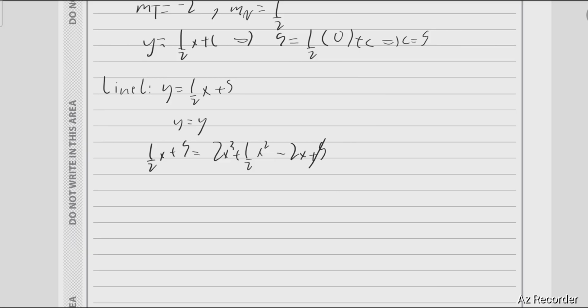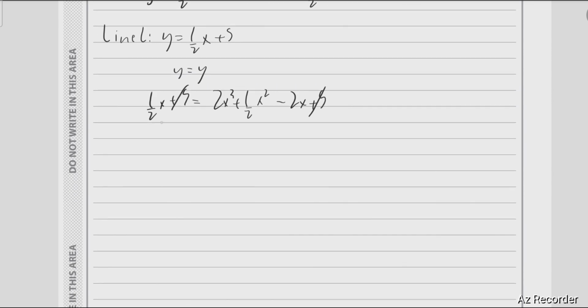Both 5s on the equations cancel. We move half of x to the other side: 0 equals 2x cubed plus half x squared minus 5 over 2 x.